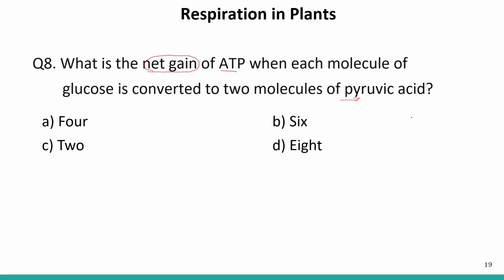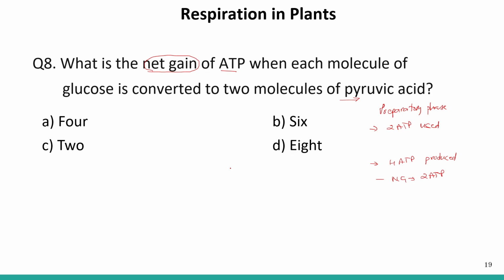What happens during the preparatory phase? 2 ATP are used, or consumed. Later, 4 ATP are produced. So the net gain is 2 ATP.